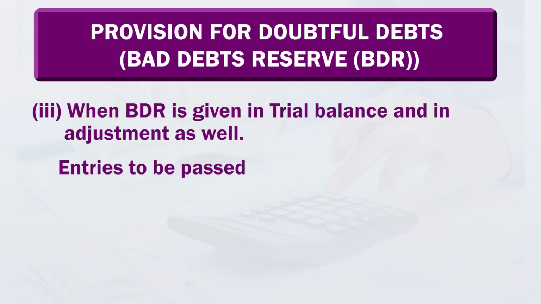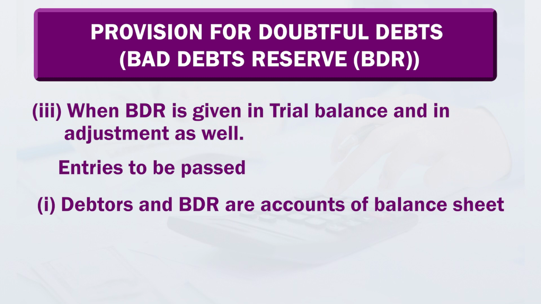Friends, kindly concentrate on this point. Balances appearing in the trial balance are old balances and balances in the adjustments are new balances. In brief, balances of the trial balance are old balances and balances of adjustments are new balances. Entries to be passed.